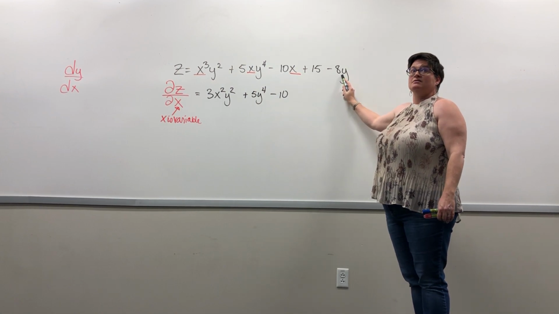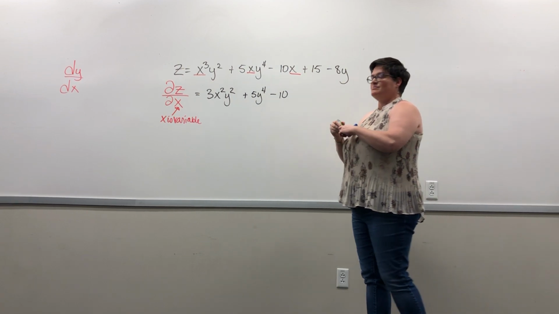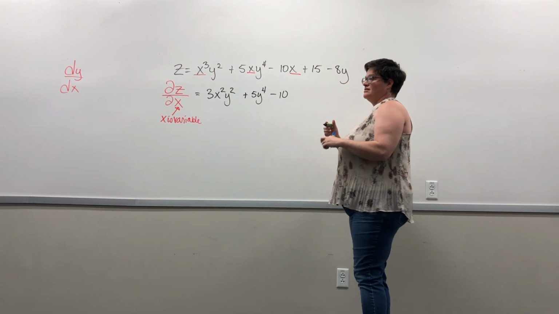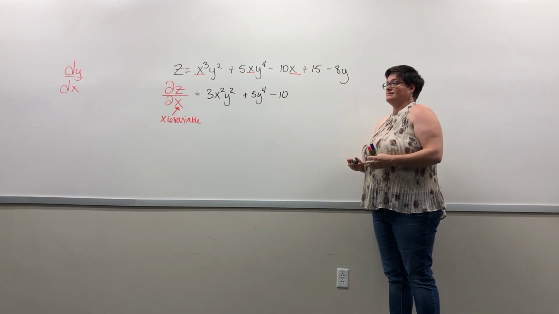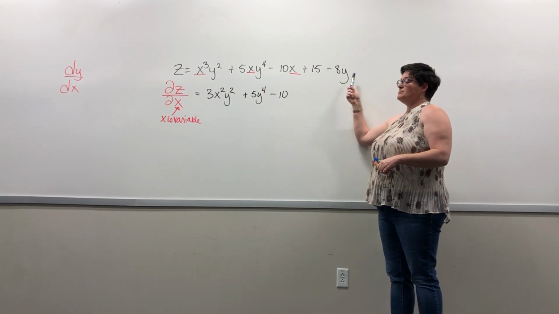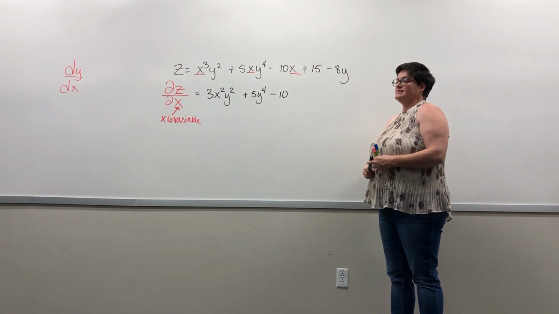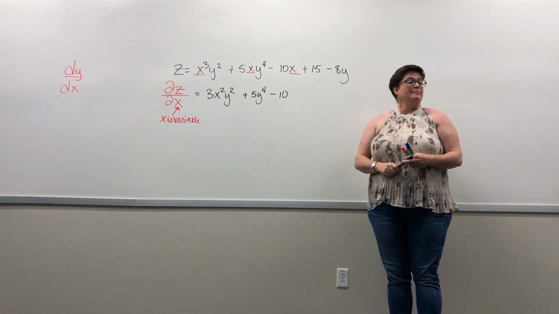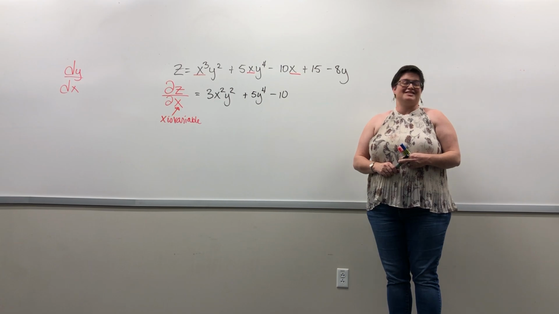So the whole thing is a constant. What's the derivative of a constant by itself? It'd be nothing. There is no x, so it's a constant by itself. So it's 0. It's the same as 15.